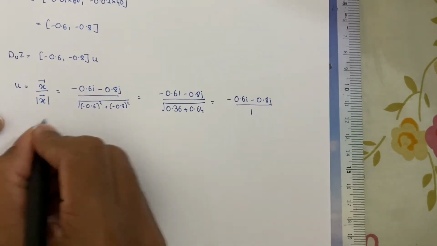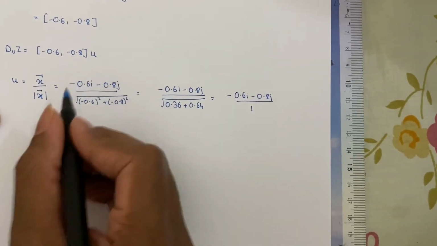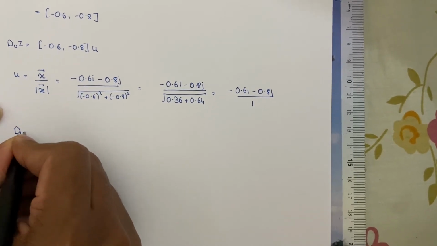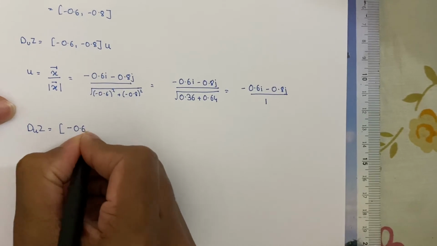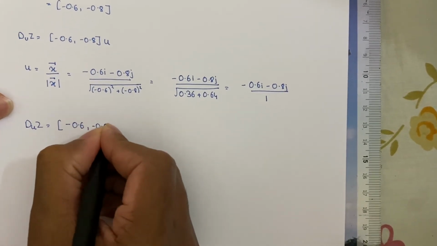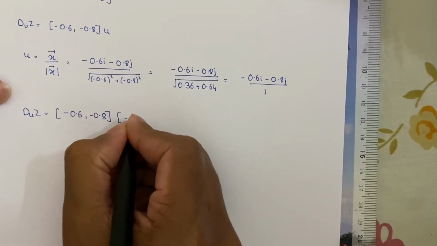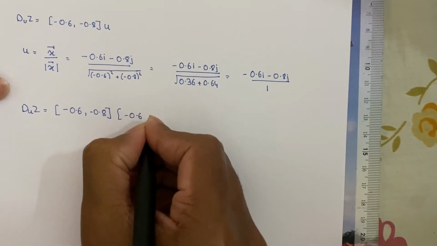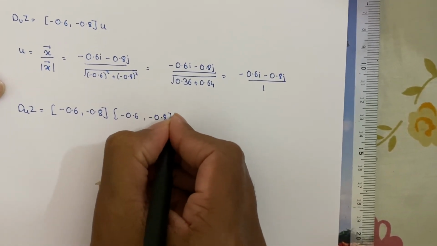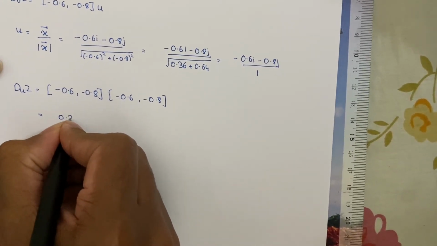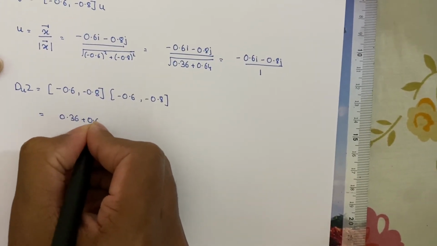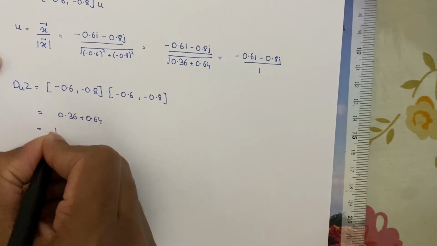Now for the directional gradient of z, let's substitute the value of u in the formula, which is minus 0.6 comma minus 0.8 dot minus 0.6 comma minus 0.8, which is 0.36 plus 0.64, which brings the final answer as 1.